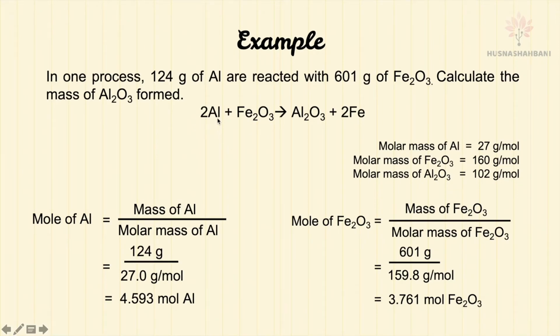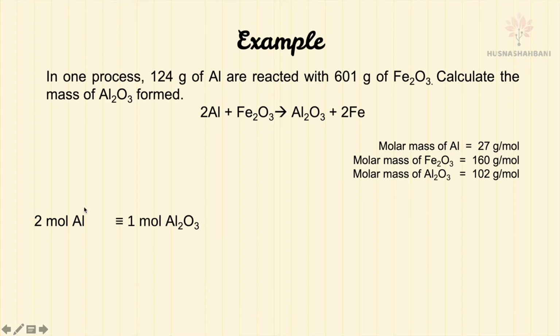From the equation, we know that 2 mole of Al produces 1 mole of Al2O3. 1 mole of Fe2O3 produces 1 mole of Al2O3. But that is just the stoichiometry, just the coefficient of the chemical equation. The actual number of mole of Al is not 2. The actual number of Al is 4.593 mole. And the actual number of Fe2O3 is 3.761 mole.